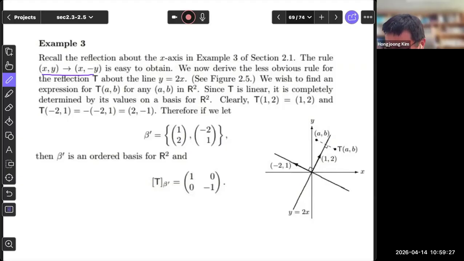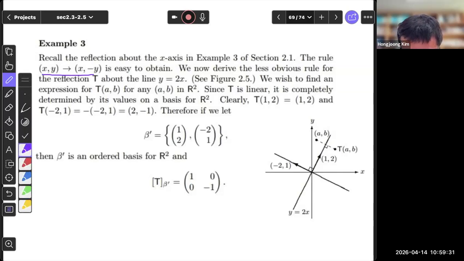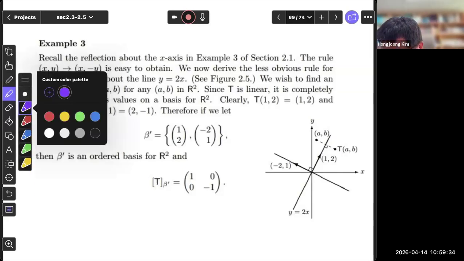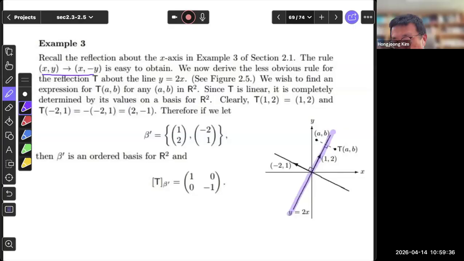But if I consider a line like this, and then I want to consider the reflection about this line, then finding the coordinate of the image is a little bit challenging, right? So if I give you any arbitrary point (a, b), then finding its image is quite difficult.